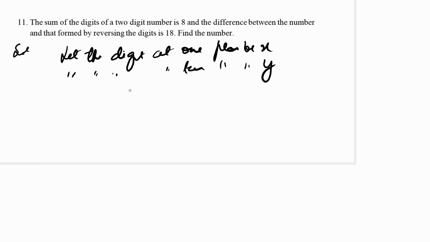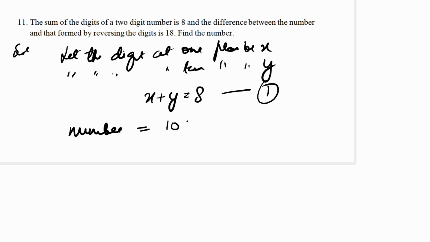So first condition they have given, the sum of the two digits is 8. That is x plus y is equal to 8. And the difference between the numbers formed by reversing the digits is 18. You must be remembering from smaller classes how we get the number. The number will be 10 into y plus x, that is 10y plus x.